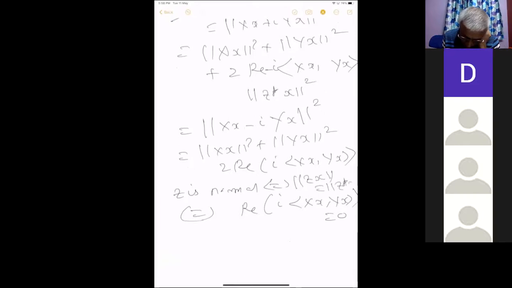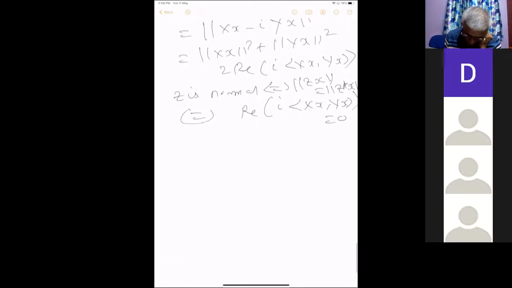Did I prove the equivalent condition? Anyway, let's just do it. This is just a digression.